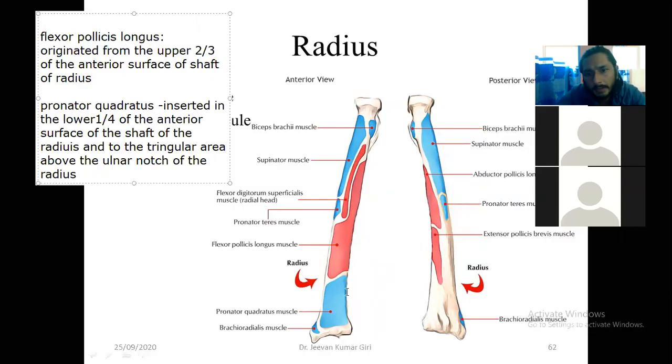So up here, okay. So this is the insertion of the pronator quadratus muscle. So this is the insertion.